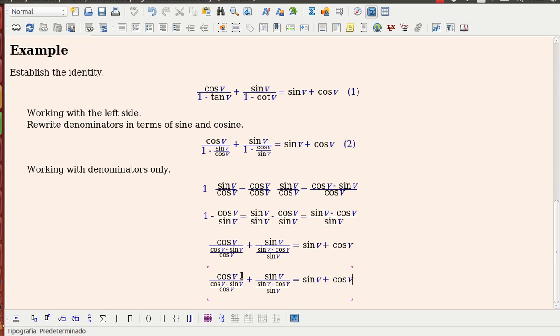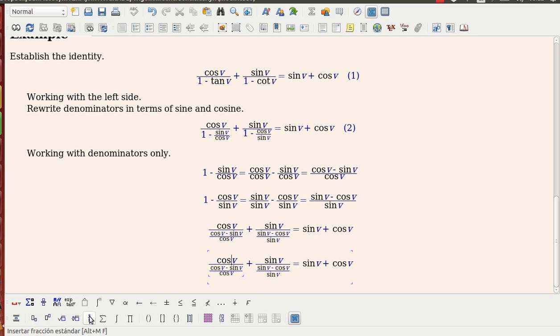Remember, to simplify the fraction, outers and inners. So this fraction will be cosine of b times cosine of b, cosine square of b, and the denominator will be cosine of b minus sine of b.